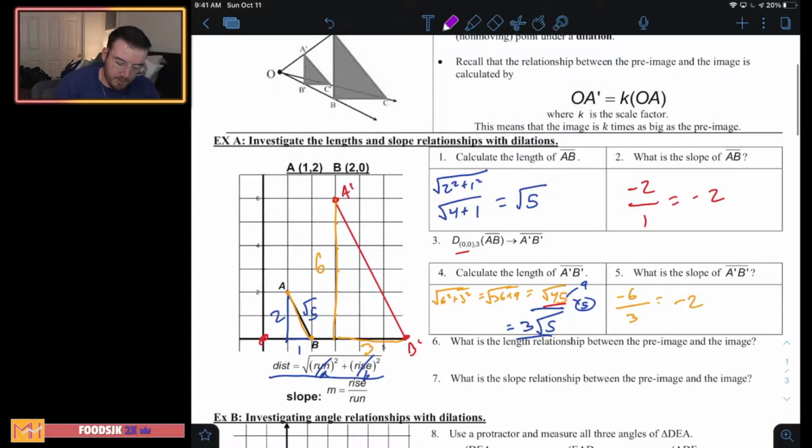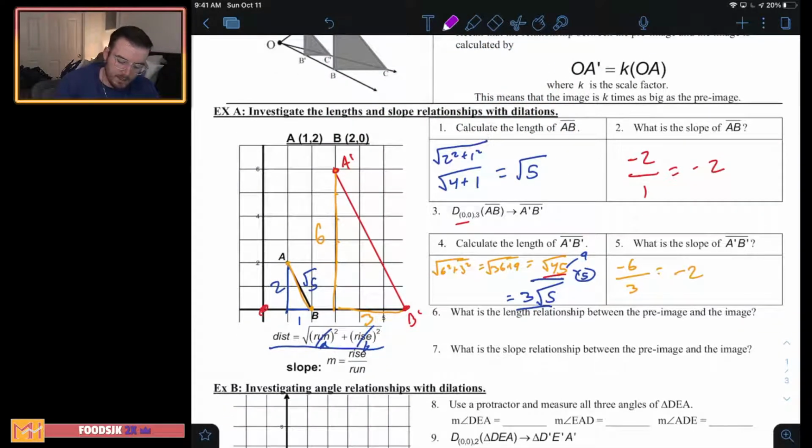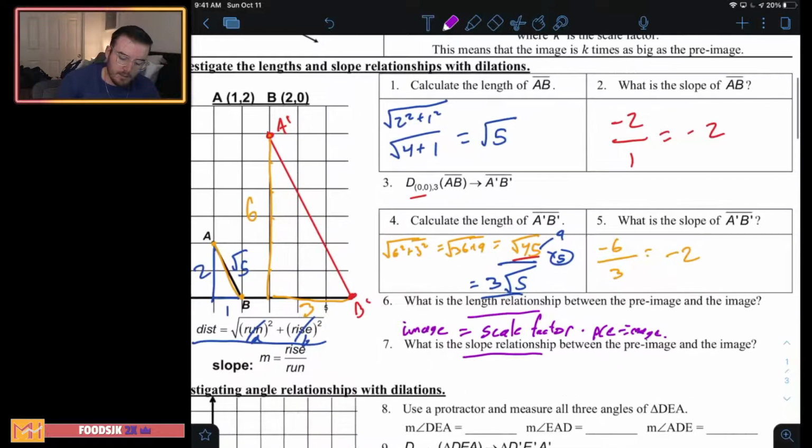So what have we noticed? What is the length relationship versus what is the slope relationship? Well, our image is equal to the scale factor times the pre-image. That's what happened, right?